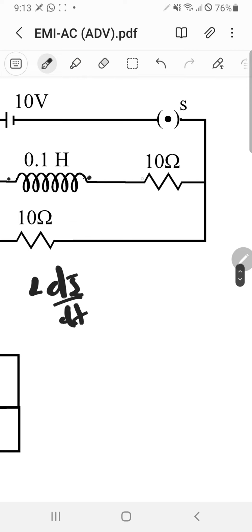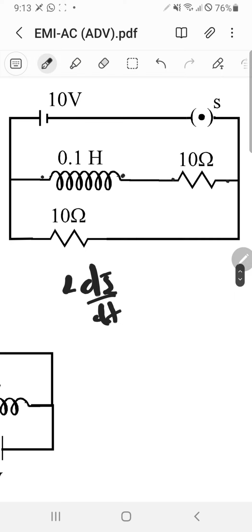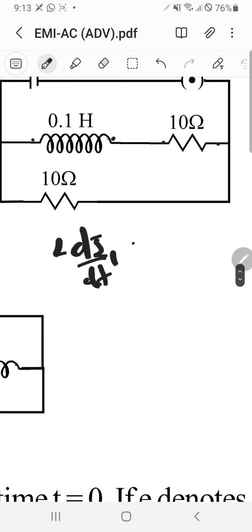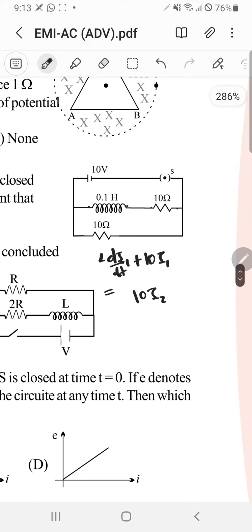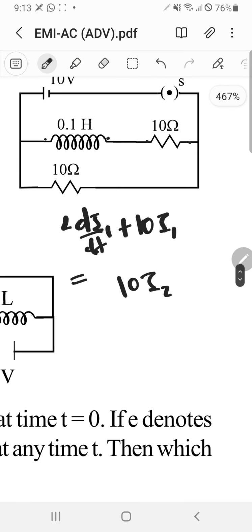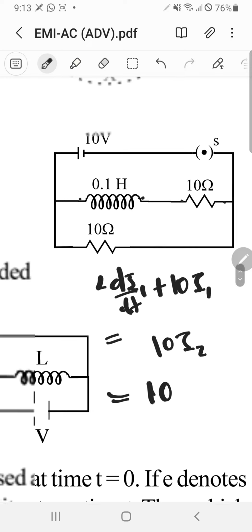That's the potential difference across it. I'm gonna assume that. And then you got whatever's the current going in that direction, like say I1. So plus 10I1, that should be equal to 10I2, I think. Yeah, that's right. Okay, that's cool. And what else do you want? All this potential difference stuff should be equal to 10 volts.